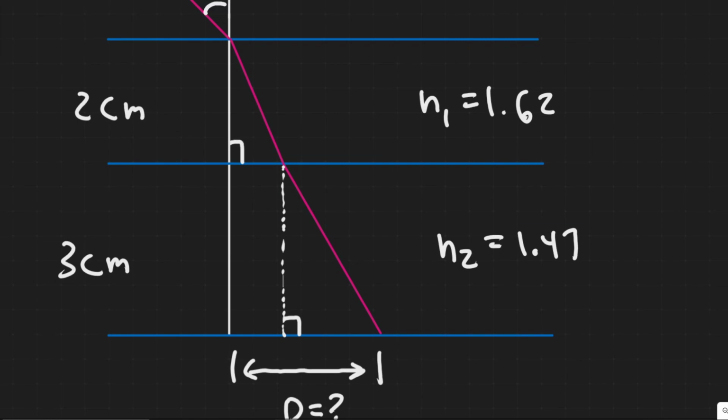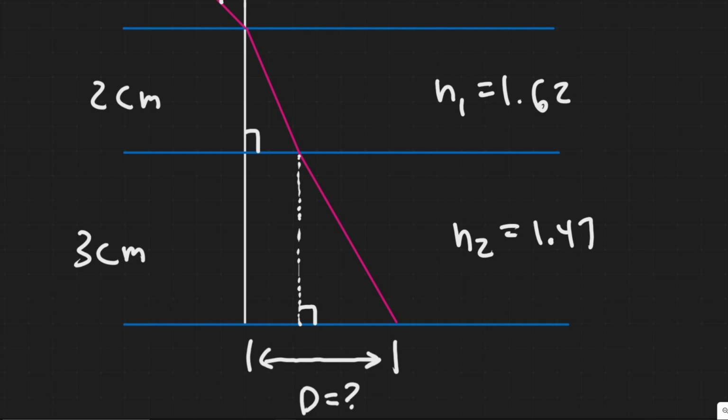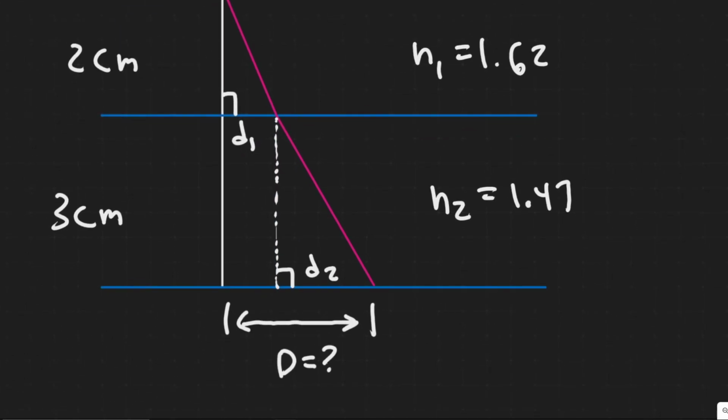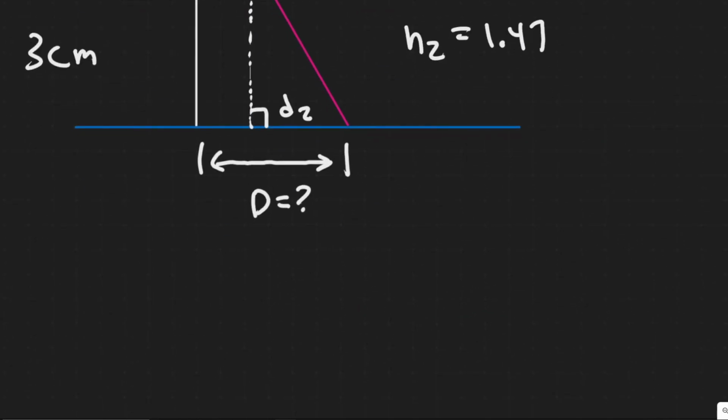What we're going to do is solve for this distance, d1, and then this distance of this triangle, d2. If I can find d1 and d2, added up they will equal our d value. So what I need to find is those two distances.